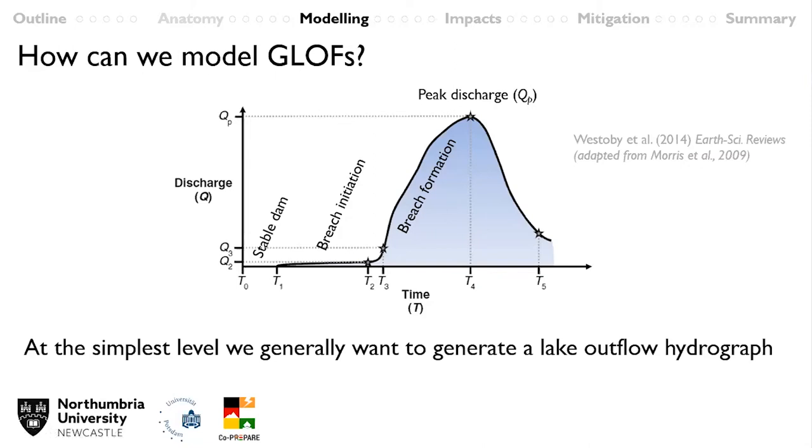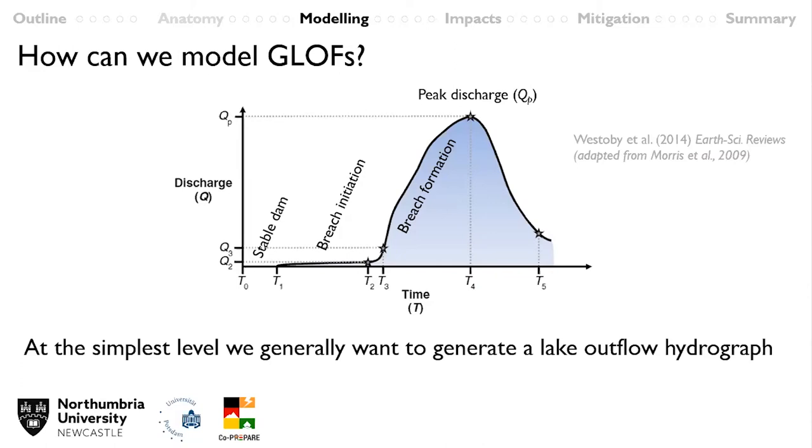We then have some kind of trigger event at T1, which results in breach initiation. And the length of breach initiation, there's no fixed rule as to how long that might be. It could be hours, it could be days, it could take quite some time. What's important to note is that during the breach initiation phase, there's still no guarantee that full-blown breach formation through a moraine dam could actually develop.